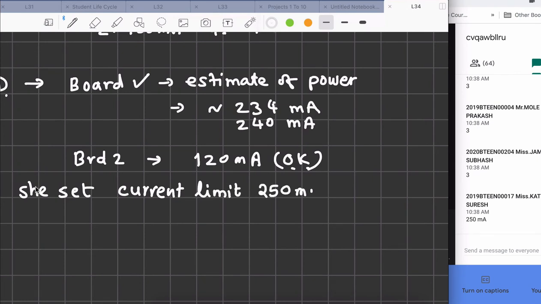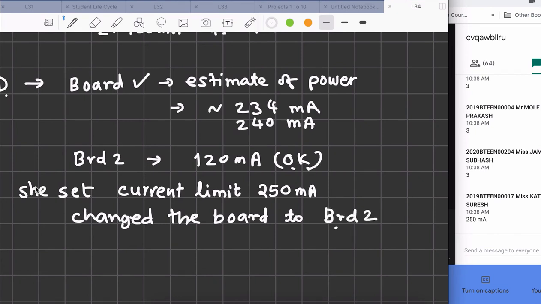It means it was the earlier value, and she changed the board to board 2. So how much current will the power supply supply?